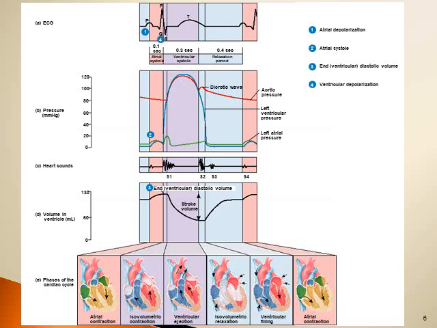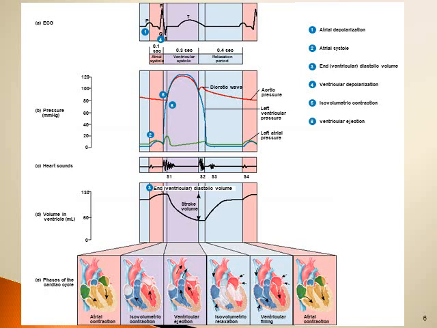Then this is followed by ventricular depolarization, the QRS interval, and this leads to the isovolumetric contraction. There is a change in the tension in the wall of the left ventricle without change in the volume inside the left ventricle. That's why it is called isovolumetric contraction.